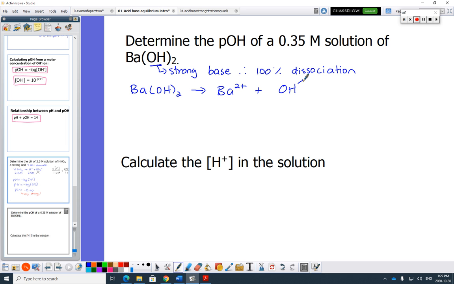So how many hydroxide ions are there? What should I put out front here? 2, okay? So now this time, this is 0.35 molar, so you have to multiply by 2.